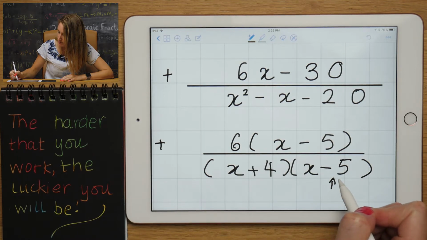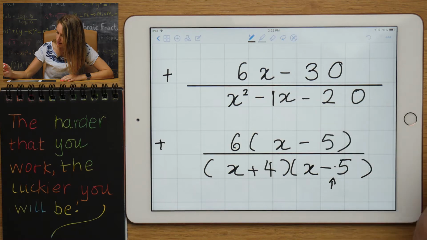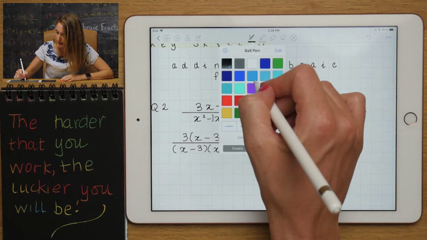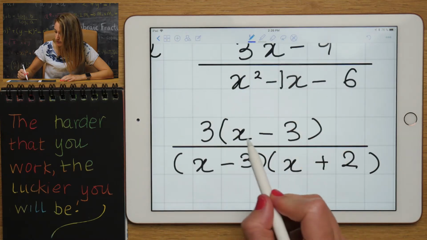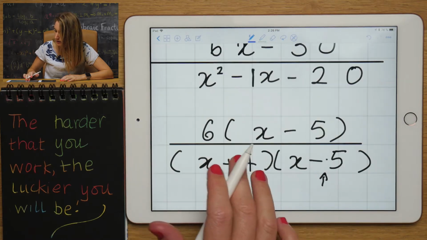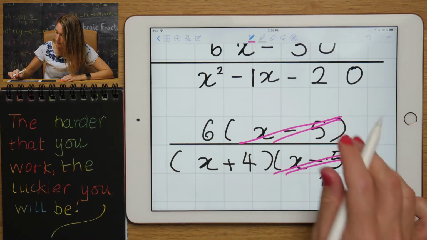Plus 4 times minus 5 will be minus 20, and 4 take away 5, again, we can imagine there's a 1 there, will be minus 1. At this stage, what I recommend is that you cancel before you go forward, each fraction individually. So that one will cancel with that one, and in this step, this one will cancel with that one.